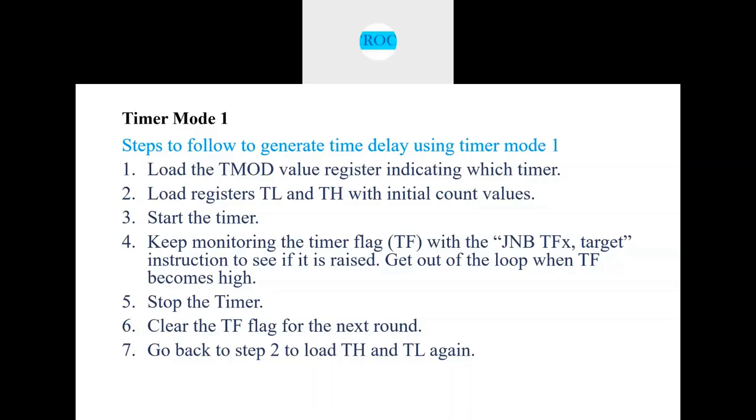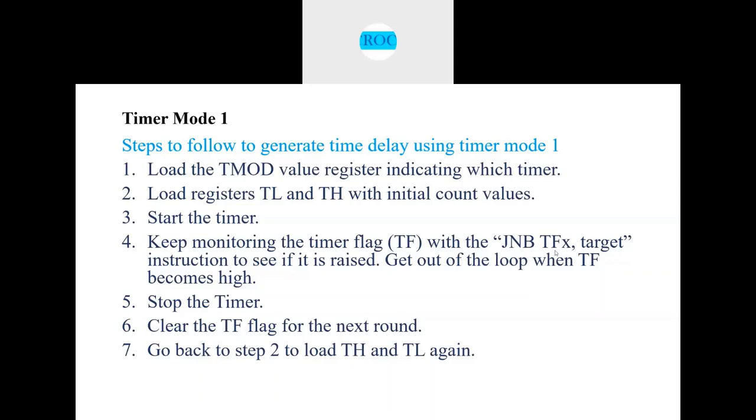As it keeps on receiving the clock signals, the timer will keep on incrementing the count in that register, and whenever it reaches FFH, what will happen? That's what this instruction does: JNB, jump if no bit, right?